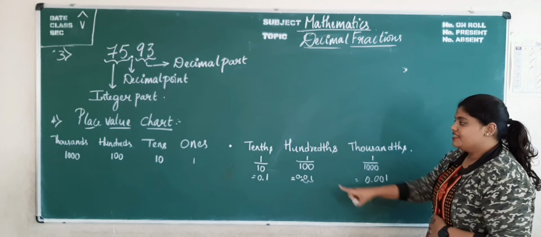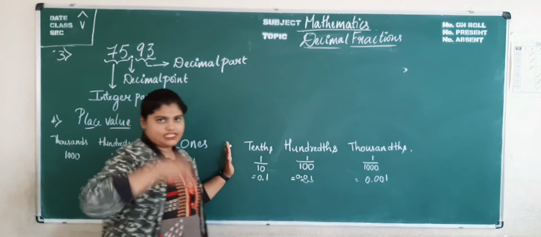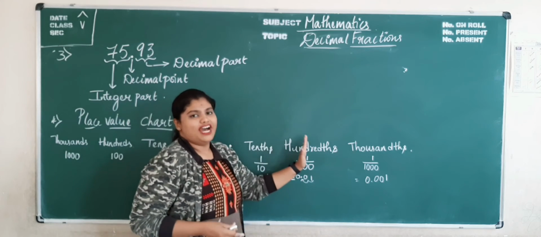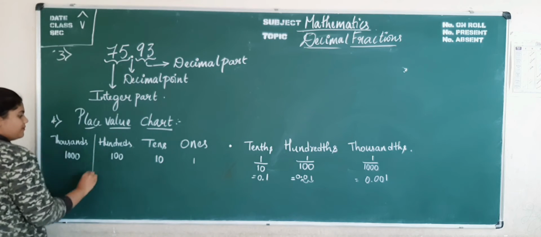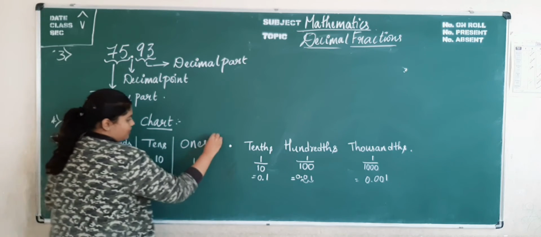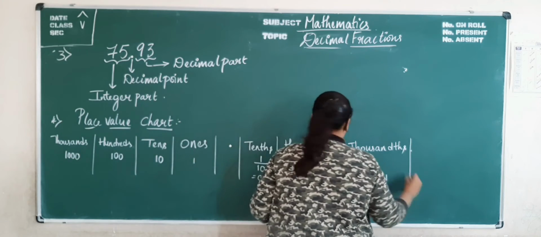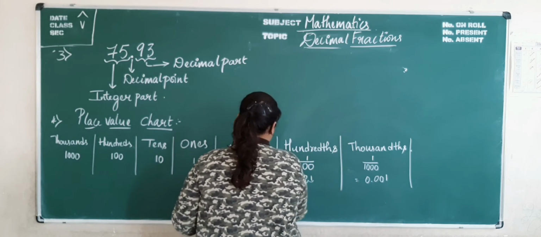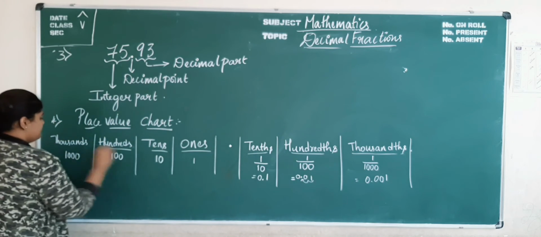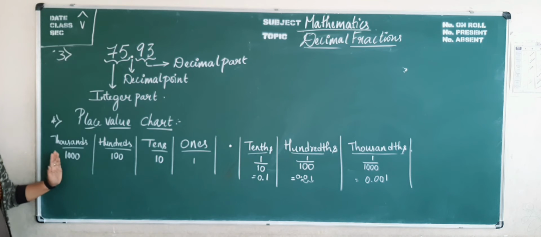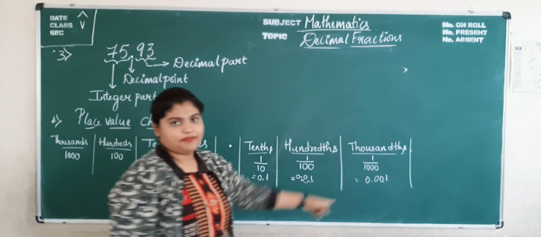Okay? So this is the place value chart. Hope you are clear? We'll just draw the table for this.